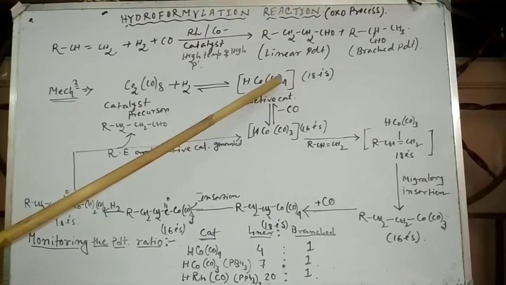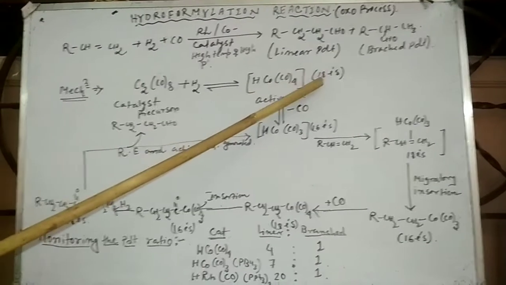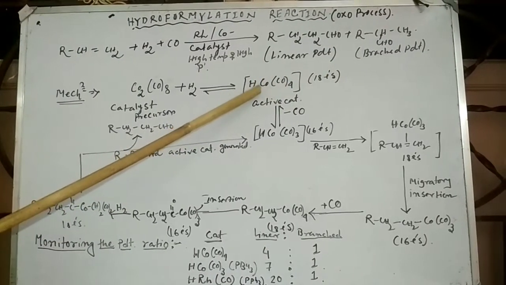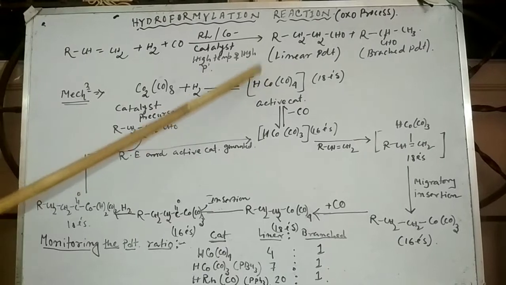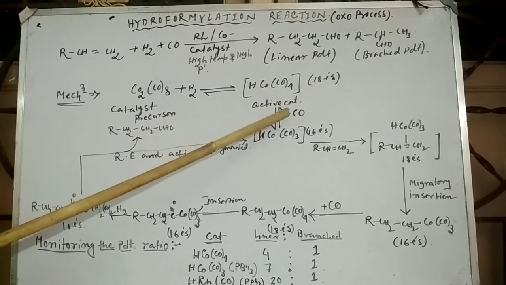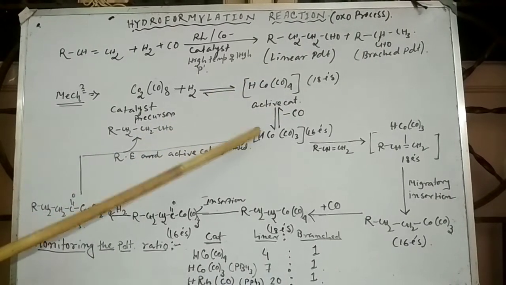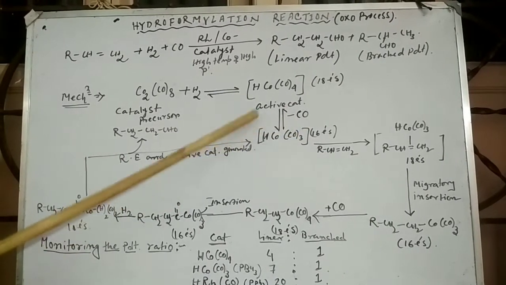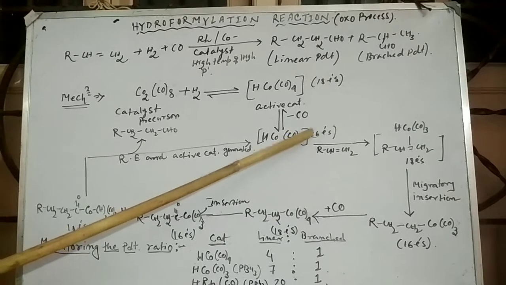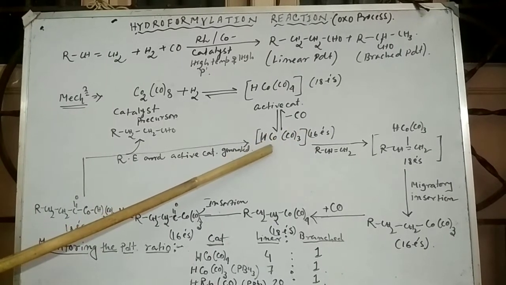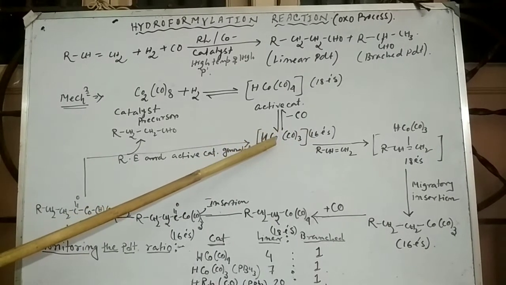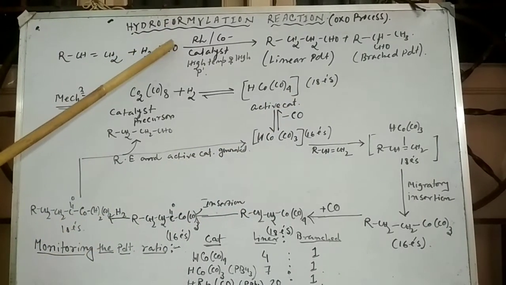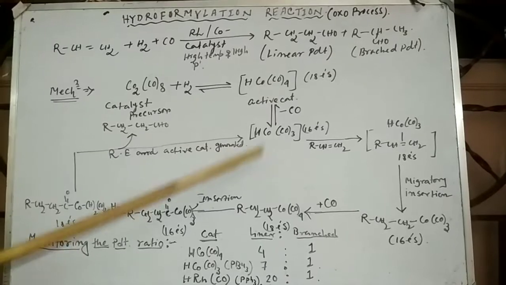This species follows the 18 electron rule, and this is the active catalyst. This catalyst liberates one CO molecule to form HCo(CO)3, which is a 16 electron species. This species can participate in the catalytic cycle for the hydroformylation reaction.